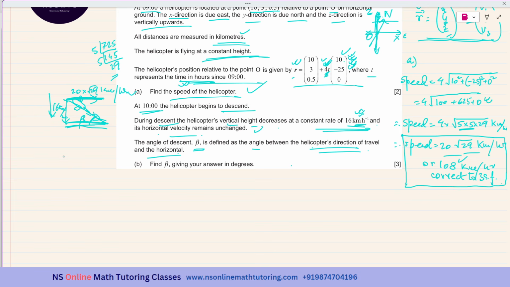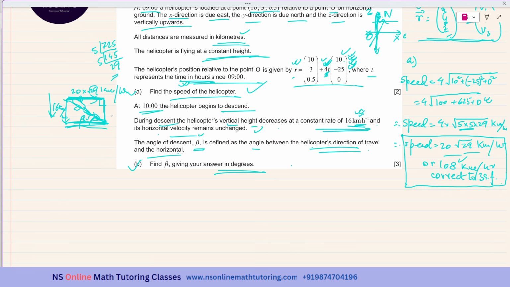Because Part B's question is find beta, giving your answer in degrees, I have to construct a right angle triangle. I have constructed a right angle triangle, and because beta is the angle between the direction of travel and the horizontal plane, this is the angle beta.